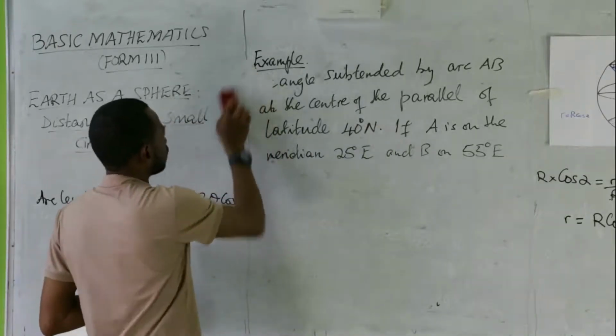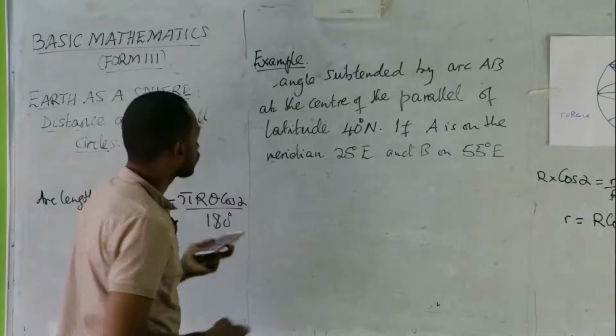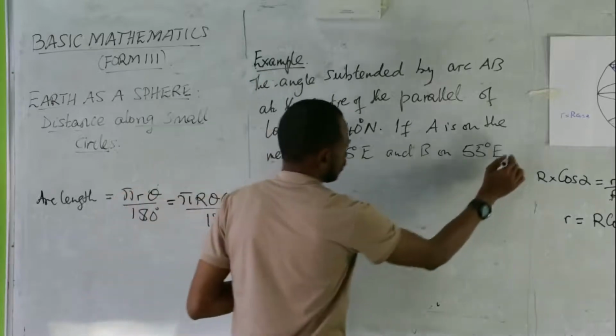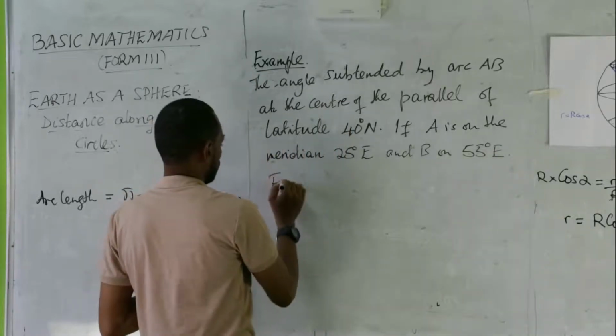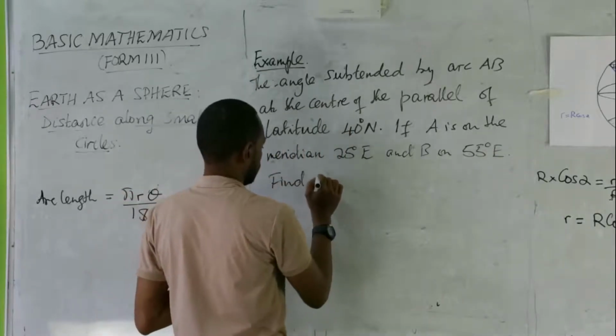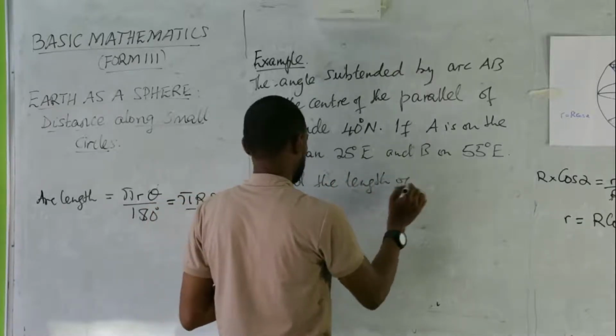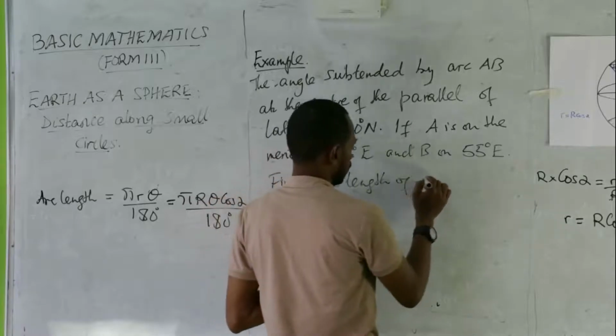Let me correct it here. Find the length of arc AB.